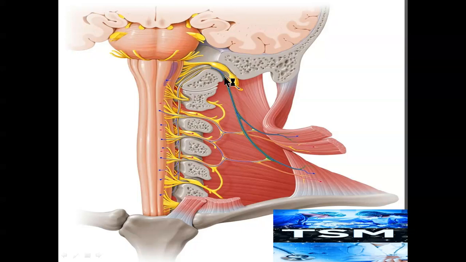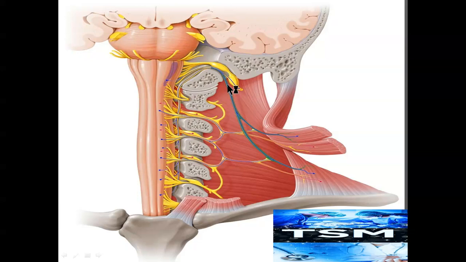And then after exiting the jugular foramen, the accessory nerve gives two branches. One is your internal branch, which is going inside this ganglion of your vagus nerve, also known as the nodose ganglion. So the internal branch goes along with the vagus nerve, further supplying different muscles in your pharynx, larynx, and soft palate.